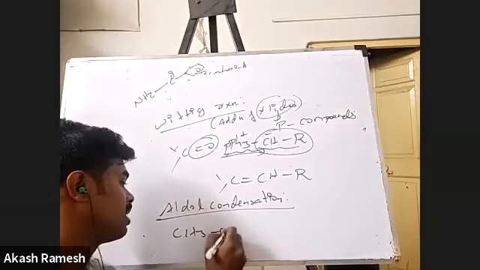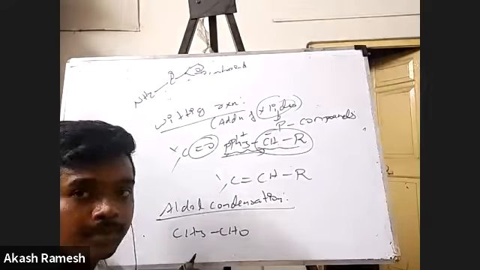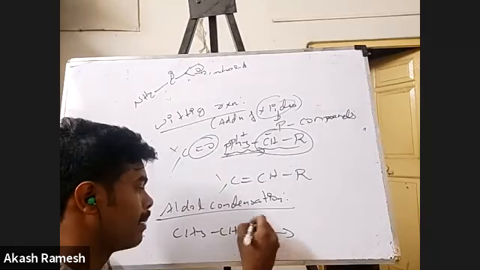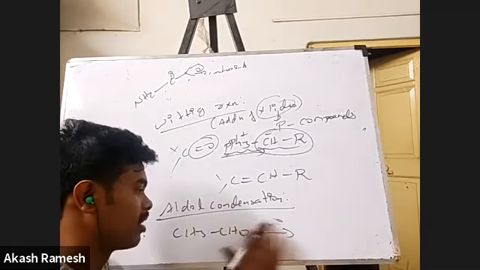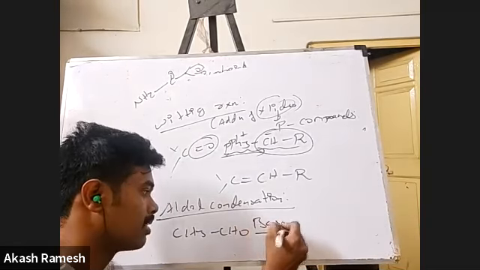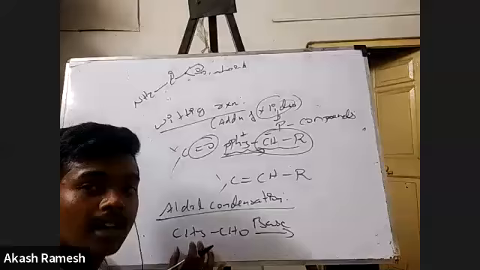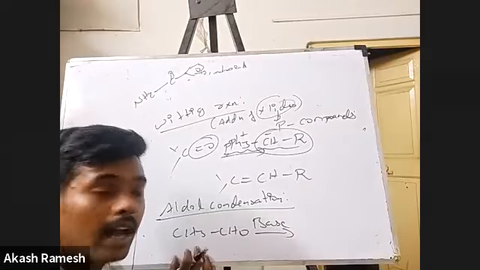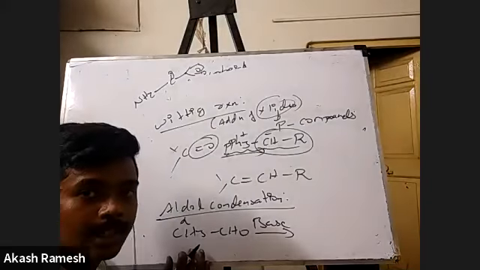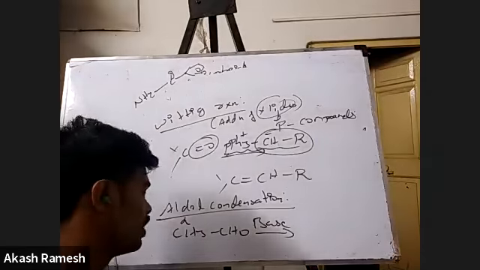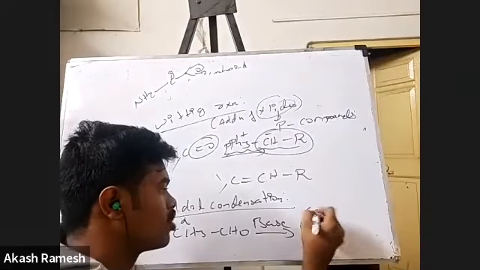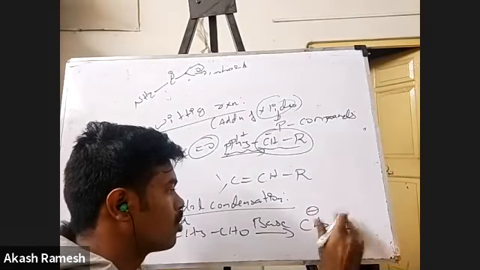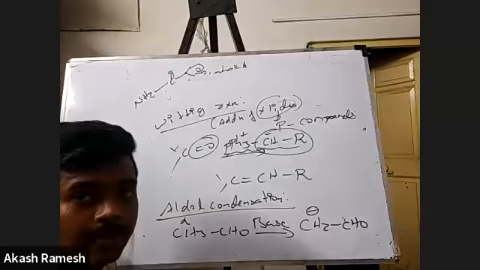Say if I had CH3CHO, right? Now if I take a base, any OH minus or anything, I'll just write a base, and I know this base is capable of removing the H plus from this alpha position. Correct, right? So now you will see that I'm going to form CH2 minus CHO, right?